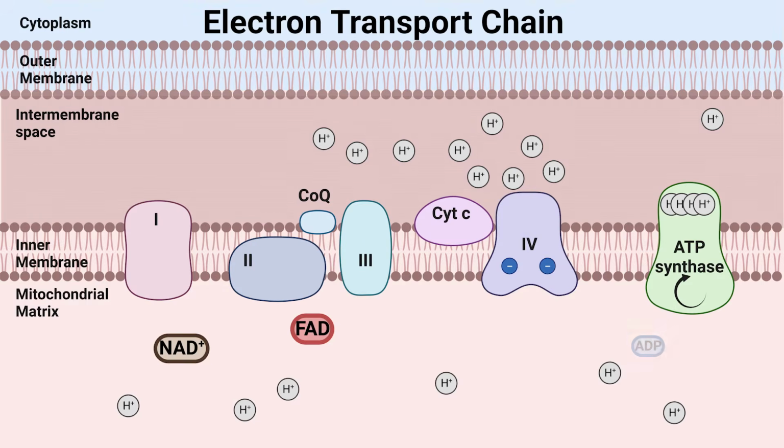And what these catalytic domains do is take ADP and free phosphate and bring them together to form ATP. So in other words, it's actually the energy from that proton gradient generated by the movement of the electrons that actually drives the production of ATP.